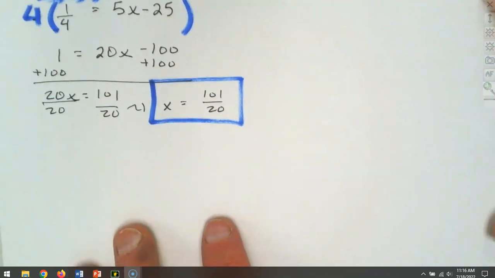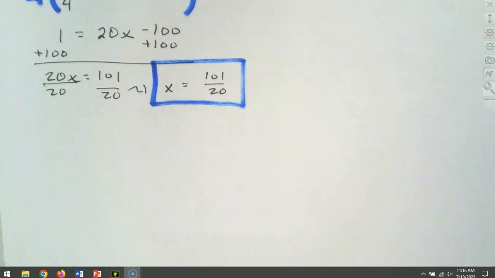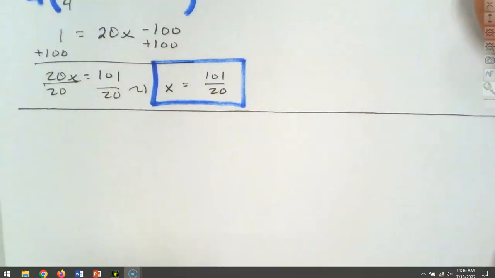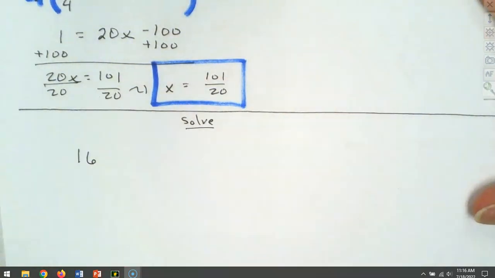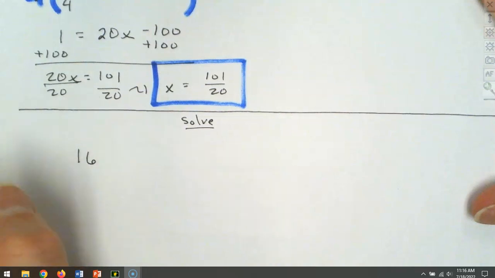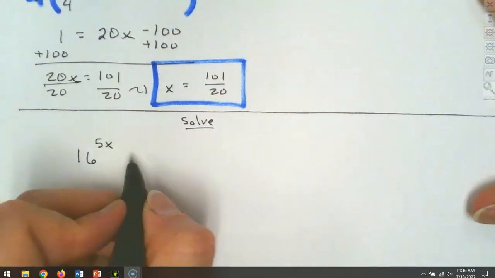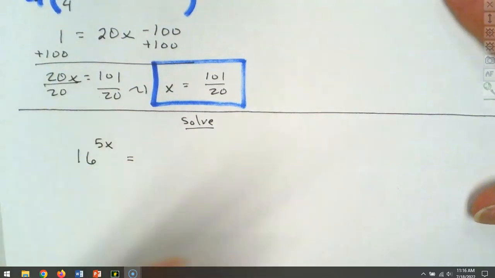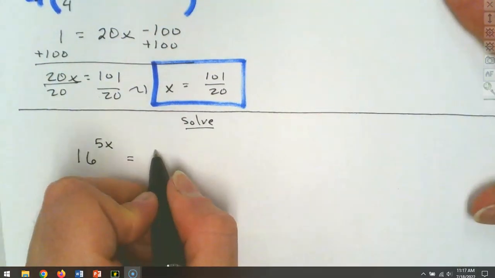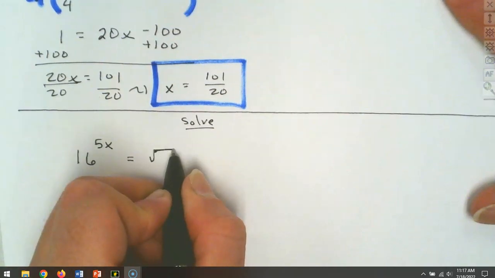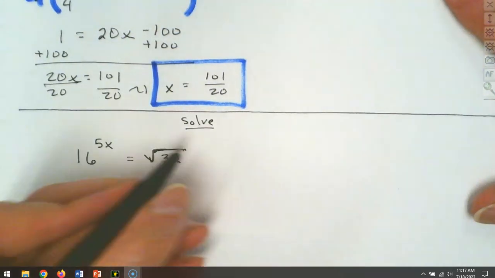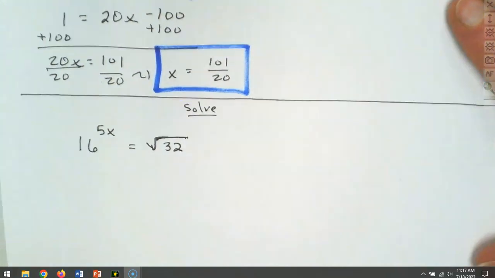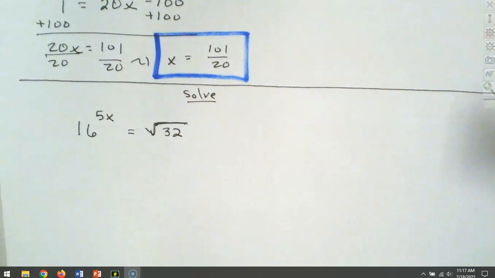Sometimes you may have to convert both numbers to a common base. So in this case, we're actually going to have to convert both sides.